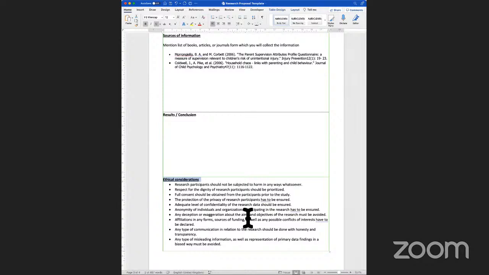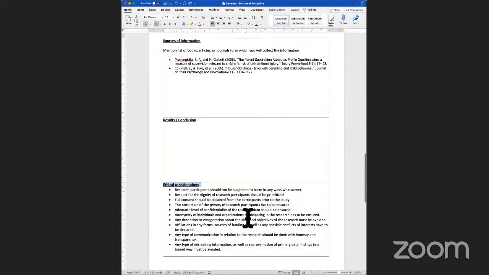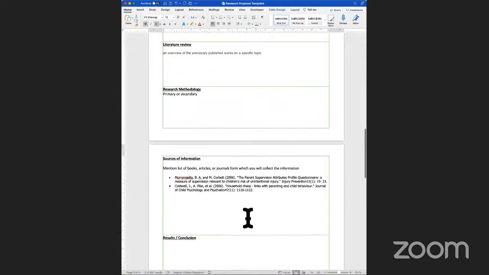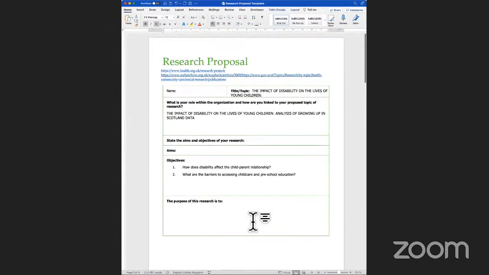The participant or the result of the research reports can be biased by taking data from certain participants. So all these things are going to be considered and listed down or put down into what is called the ethical consideration.